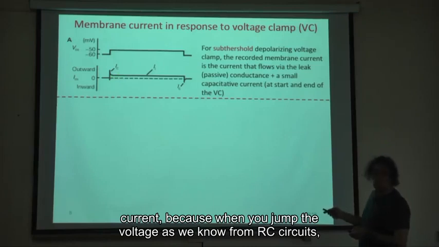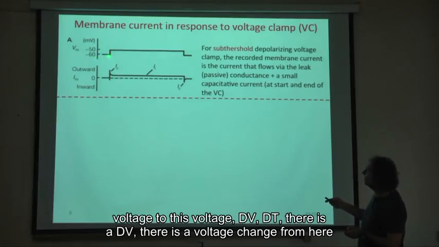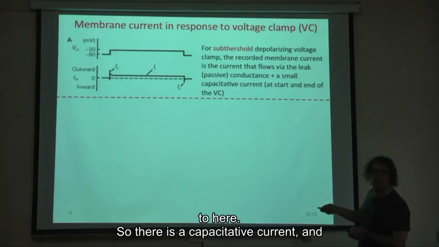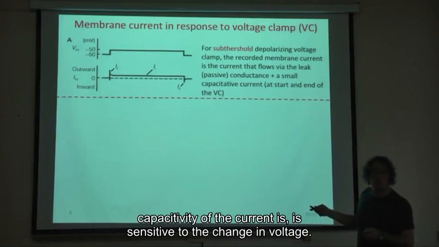And you see the capacitive current, because when you jump the voltage, as we know from RC circuits, there is a capacitive current. Just because there is a change from this voltage to this voltage, dV/dt, there is a voltage change from here to here. So there is a capacitive current. And then you fix the voltage, so there is no capacitive current anymore, because capacitive current is sensitive to the change in voltage.